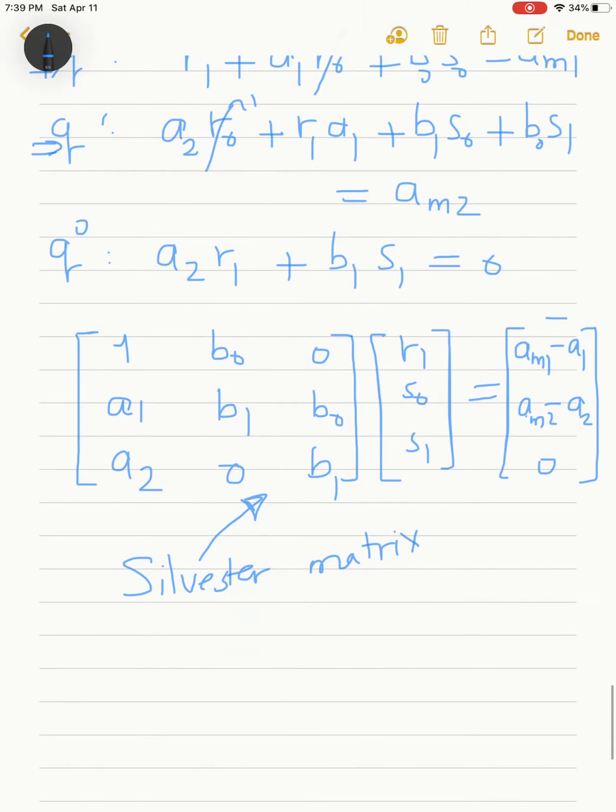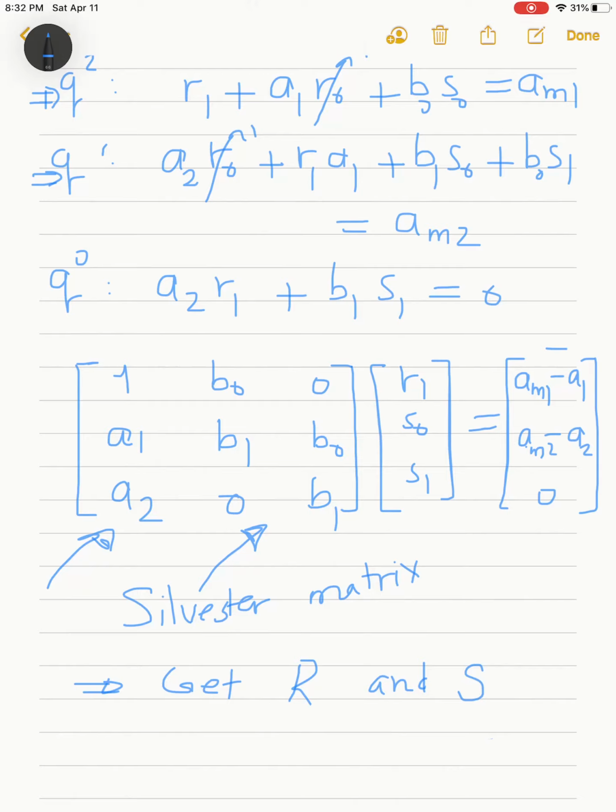Anyway, if we do that, we can calculate the values of R1, S node and S1 just by multiplying from the left by the inverse of this matrix. So if we do this, we will be able to find the polynomials R and S.